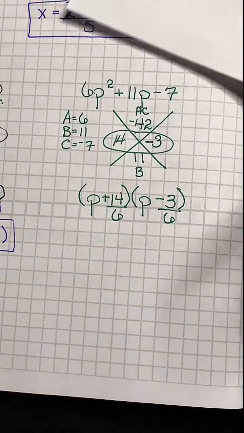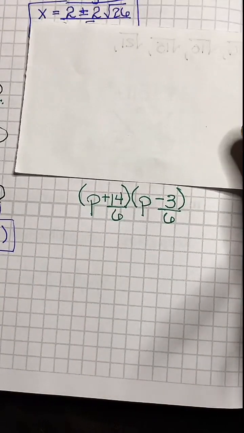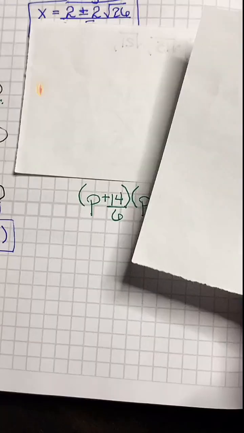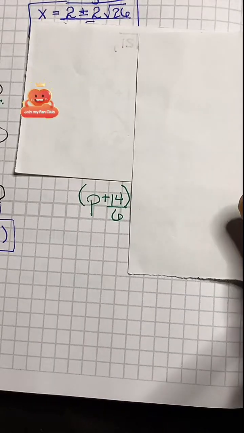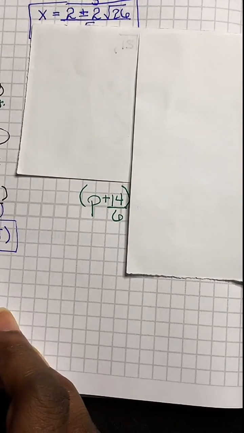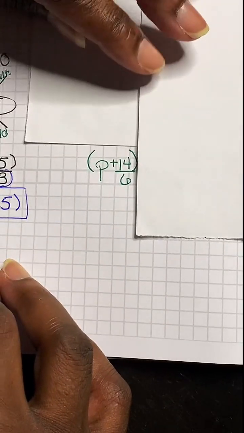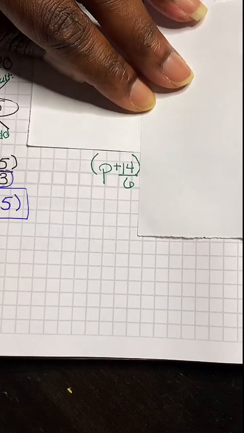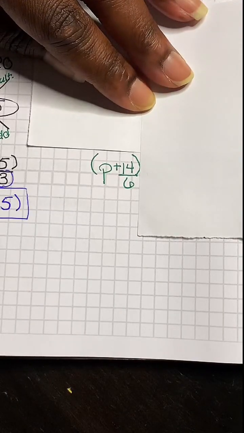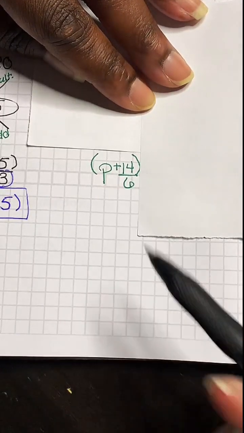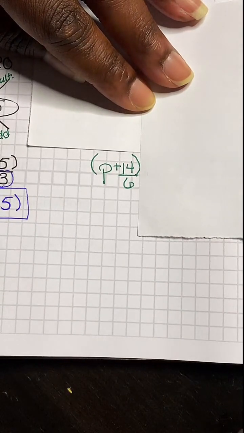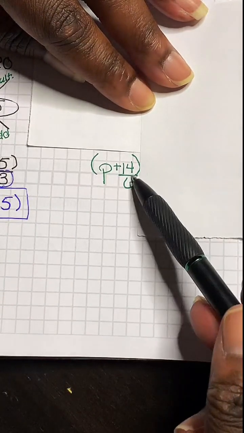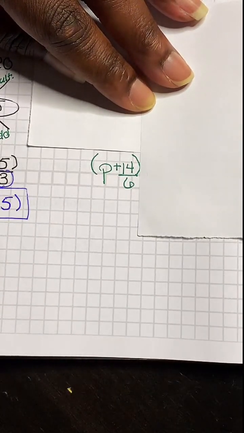All right. So now, let's cover this. And let's cover this. So we can focus on one parenthesis at a time. Because I feel that that helps too. So, 14 and 6. Well, if I just straight divide it, it's going to give me a decimal. So can it be simplified? And simplified by what?